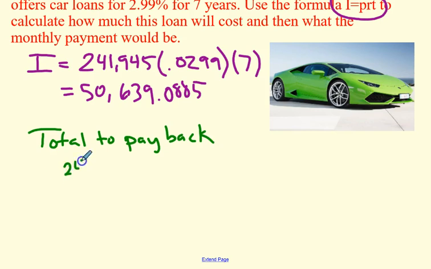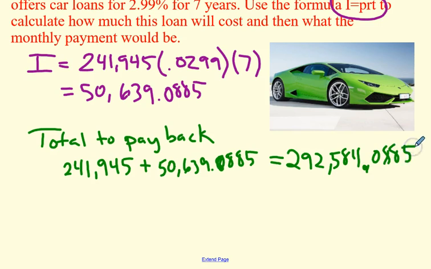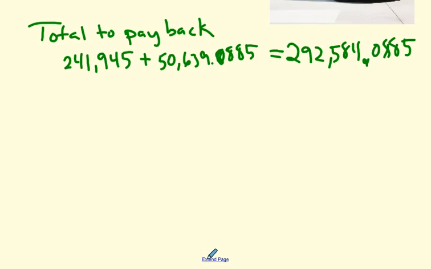So it's going to be the $241,945 plus the interest of $50,639. And the amount that we have to pay back to the bank is $292,584.0885. And I'm carrying some extra decimals here because I just want to make sure nothing rounds off funny.